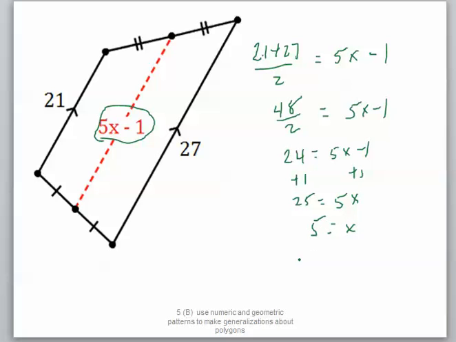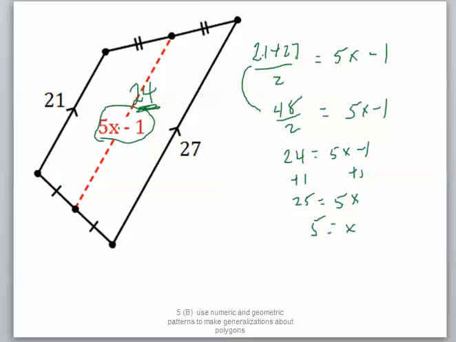No problem there. I'd already figured out that this base here was 24. How'd I get that? Well, right here, 21 plus 27 is 48 divided by 2, which is 24, right? So if I stick the 5 in there, 5 times 5 is 25, minus 1 is 24. Yay, it worked out. Okay?